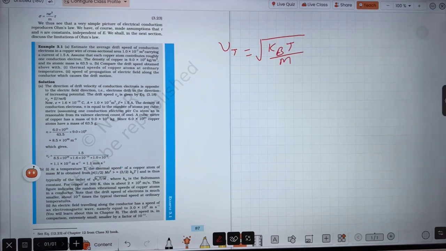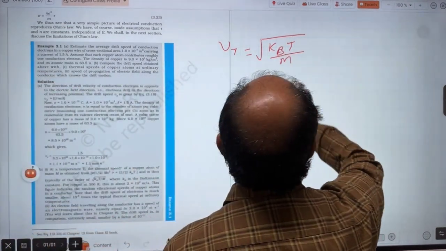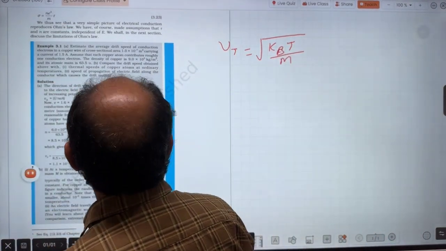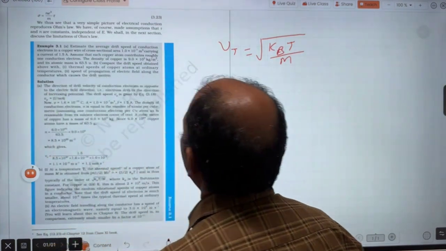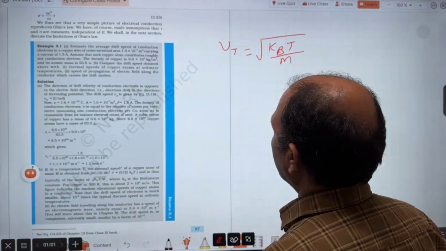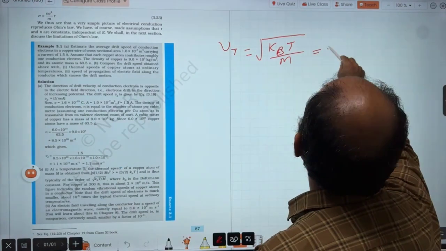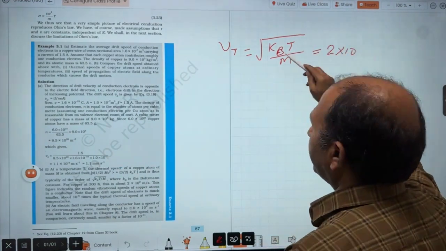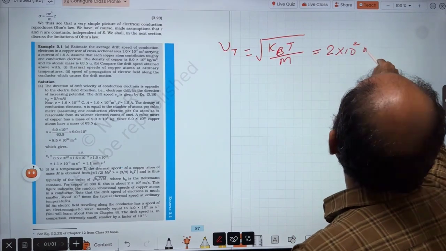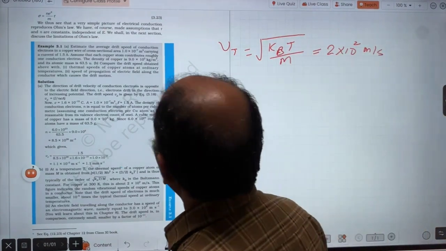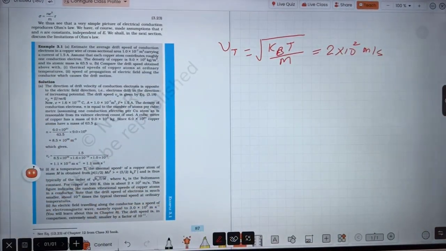Taking the mass of copper as 63.5 gram per mole, when we put all the values, the velocity comes out to be around 2 into 10 to the power 2 meter per second, which is much larger than the value we calculated. Our drift speed was just 1.1 into 10 power minus 3 meter per second, and here it is around 2 into 10 power 2, so it is quite big.